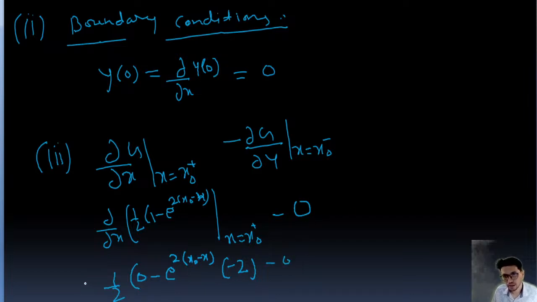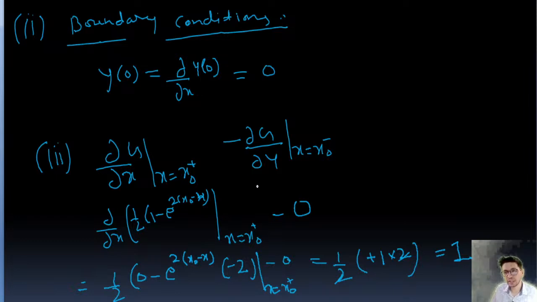This value is 1 by 2, and now we'll put x equal to x naught. If you put x equal to x naught, this is going to be e to the power 0, so minus minus plus e to the power 0, which means value 1, into 2, and the 2 will get cancelled, so this value is 1.